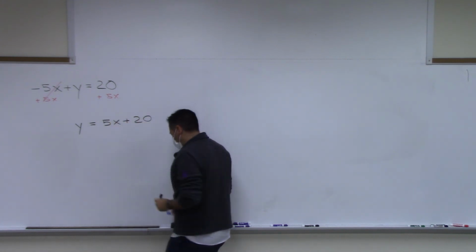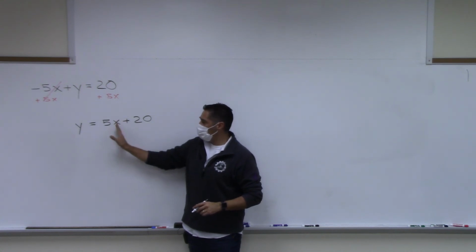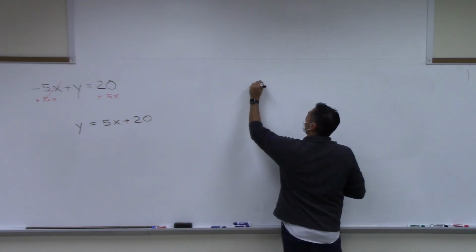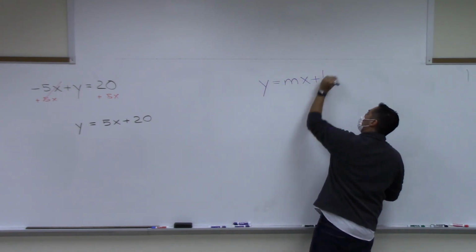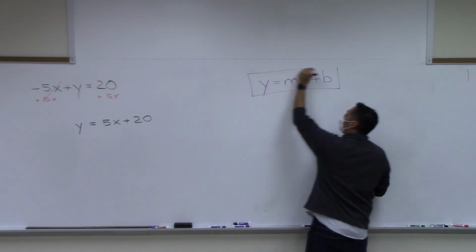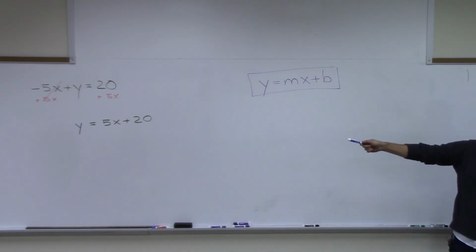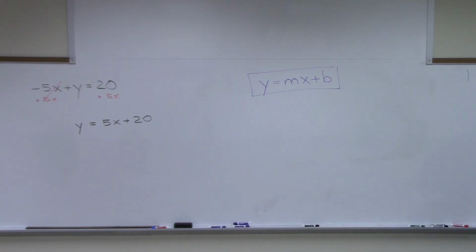And notice the order I wrote it. I put the x term in front of the 20 because I'm trying to get it to look like this master formula for slope-intercept form. My goal was to reach that point, and do you see that we have reached that point? So let's see, Keegan, did I call Keegan yet?